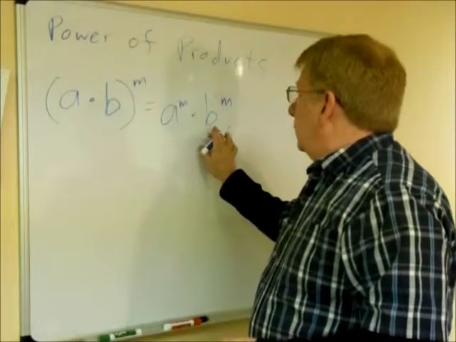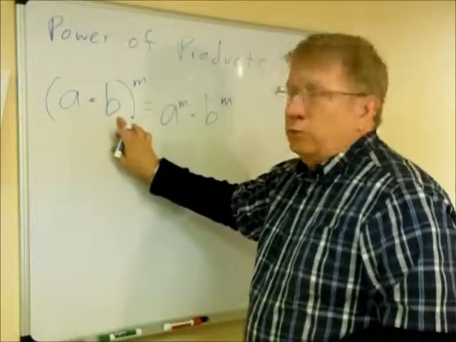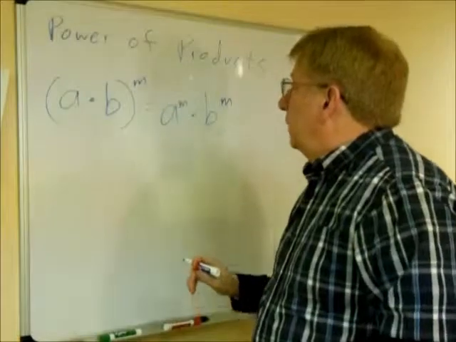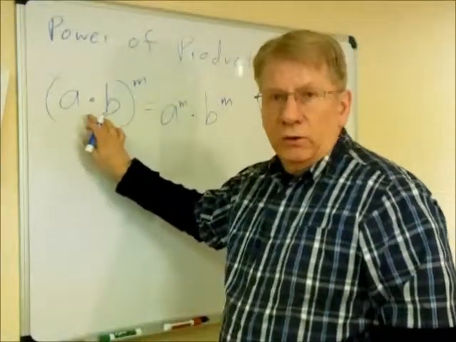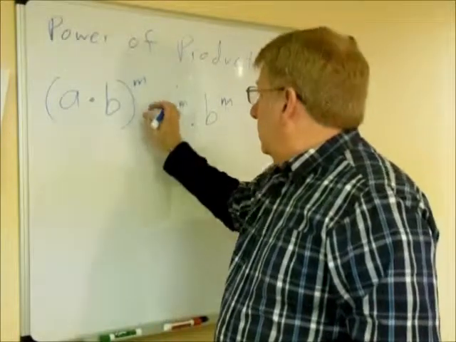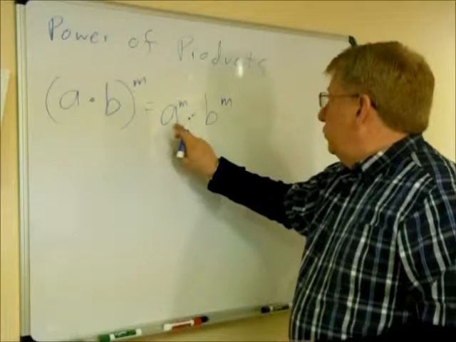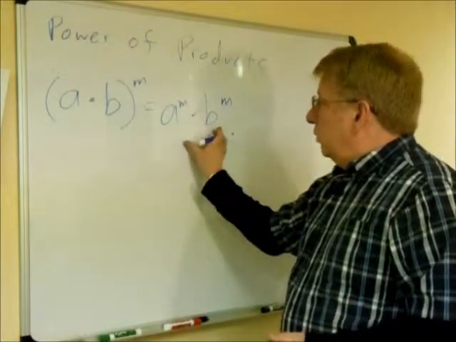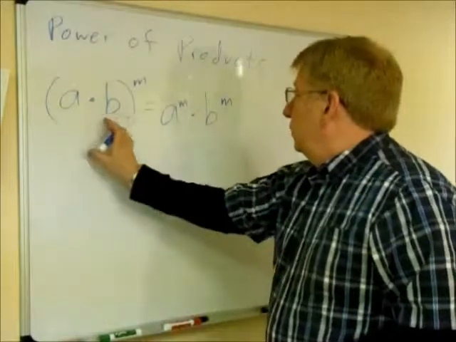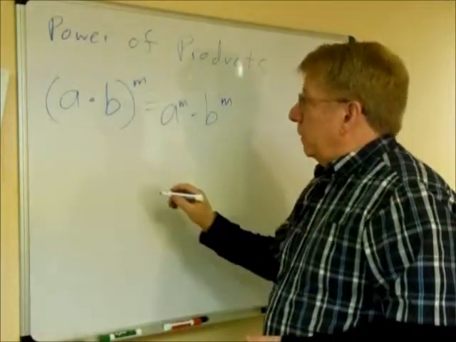And since they're different, we can put the m outside and we can put these within parentheses. So this is when we have the two terms multiplied times each other and then to a power. Or if you look at it from the other side, we have two different numbers with the same exponent. And so the way we treat those is we can multiply these two, and then that same exponent is on the outside.